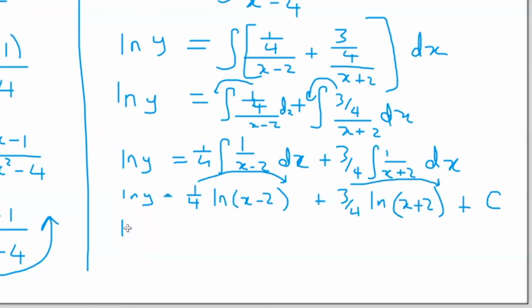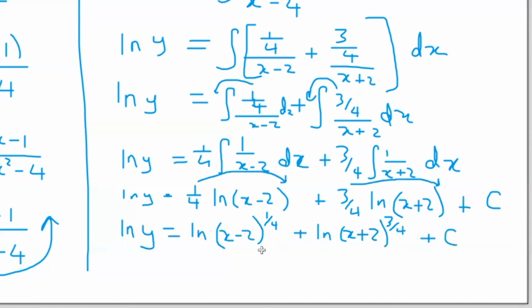So I can rewrite this as ln y equal ln x minus 2 raised to the quarter plus ln x plus 2 raised to the 3 over 4 plus c.